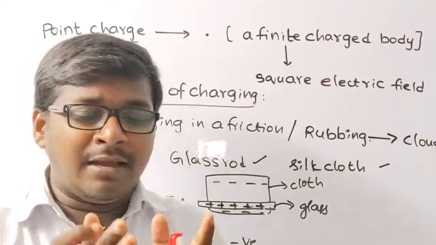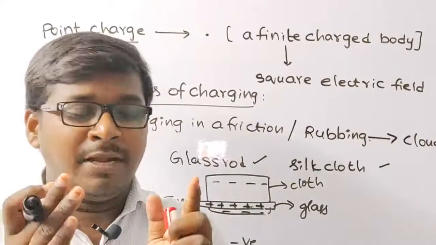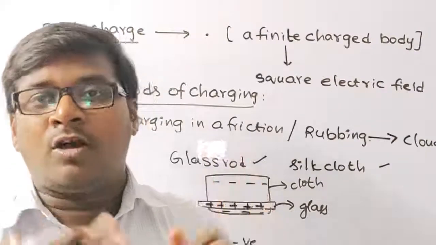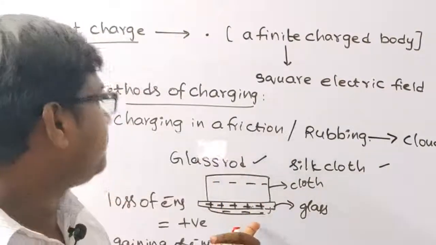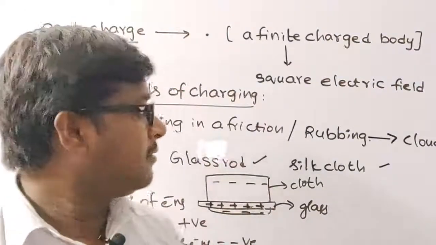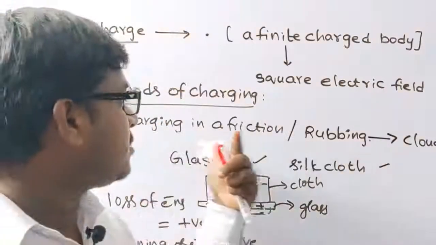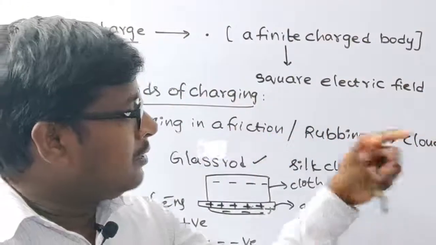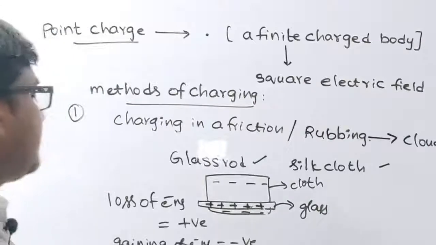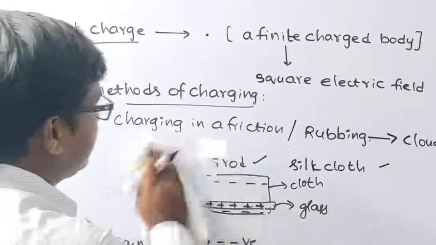In the normal state, the number of protons and electrons is the same. This is the first method, charging by rubbing or charging by friction. The best example is clouds. Positive and negative charges are very important.